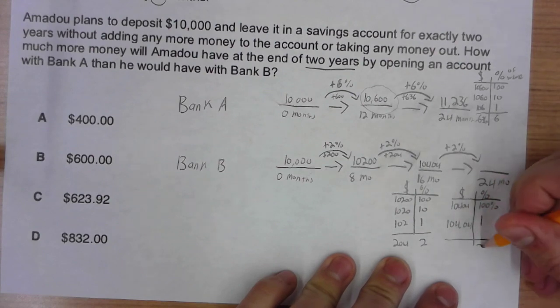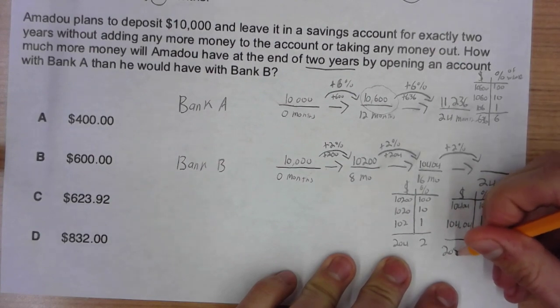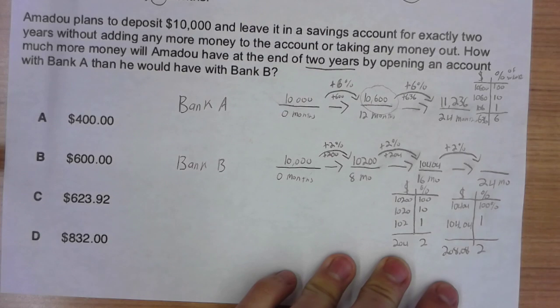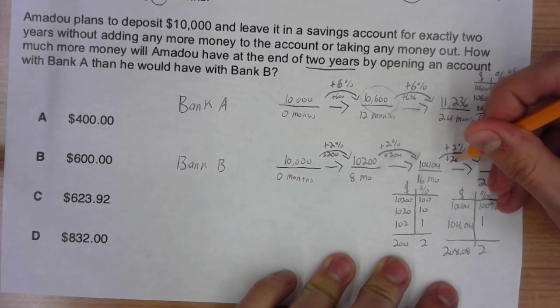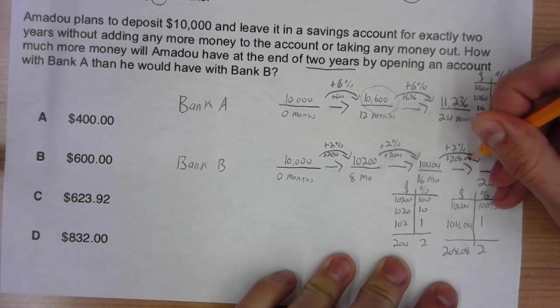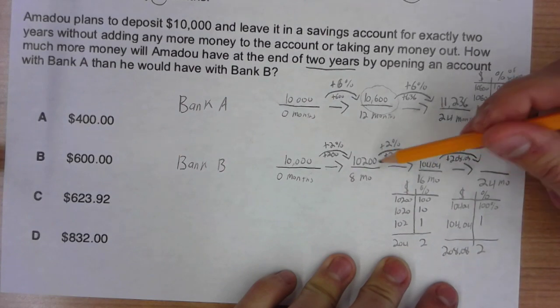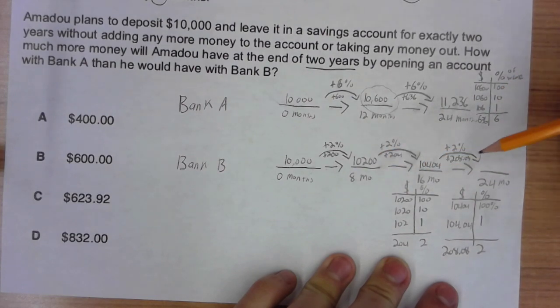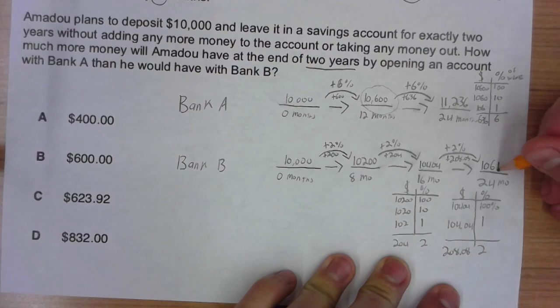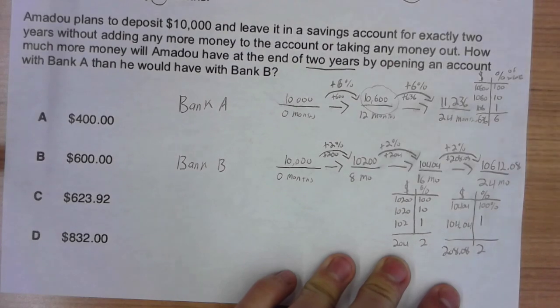And now we are doubling that to get our 2%, so we have 208.08 as what we are increasing by. So our 10,404 plus $208.08 is going to be 10,612.08. As we can see here, Bank B is less than Bank A.